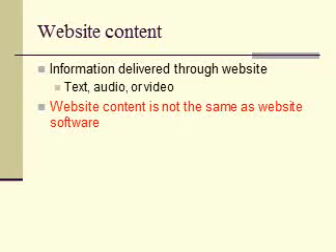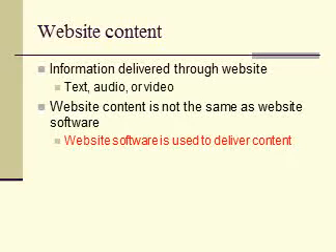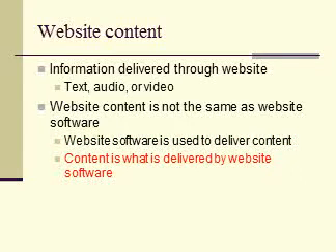What is important to know about website content is it is not software. Website software creates a website and delivers its content, whereas website content is what is delivered by the website software.